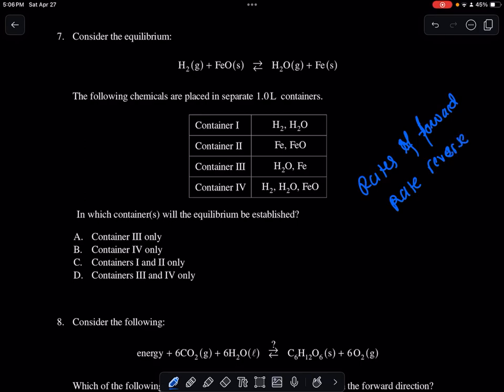Each of the following is placed in a separate 1 liter container. Which one do you think it could be? Pause the video and see if you can figure it out.